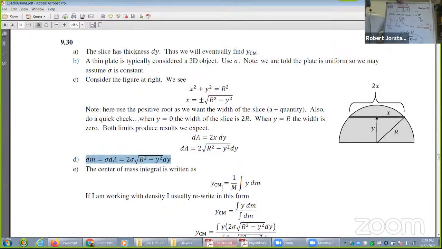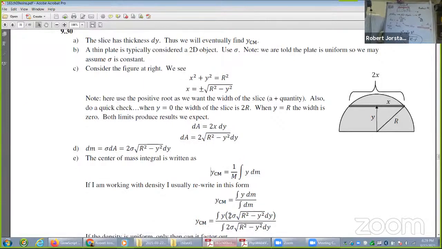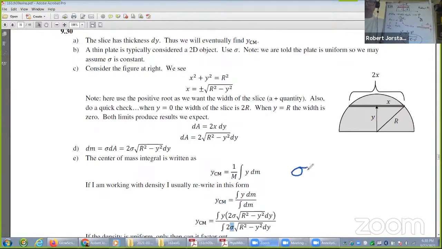dm is this. Here's the center of mass integral. And notice this density, it's going to factor out. We don't even need to compute it. If you wanted to compute it, let's do it just for practice. In this case, it's uniform, right? We know this is uniform. That allows me to use mass total over what for an area density? Is it length total, area total, or volume total?